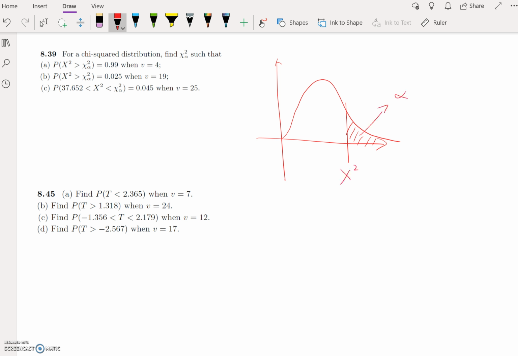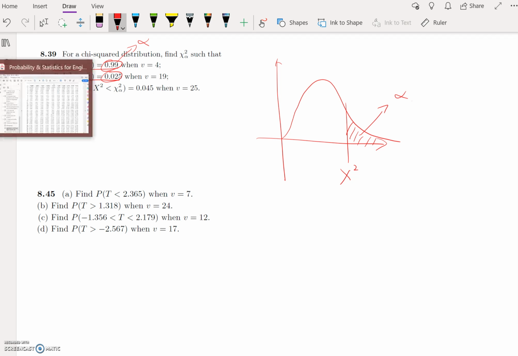That's the alpha. So for problems A and B, the 0.99 and 0.025 are the alpha values. So we have the alpha value and we have the V value. We want to find the x alpha square value. So we just look at the table here.